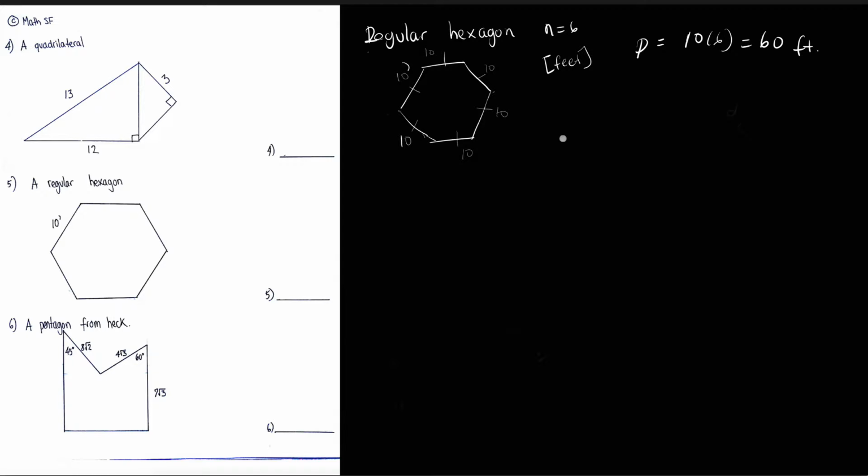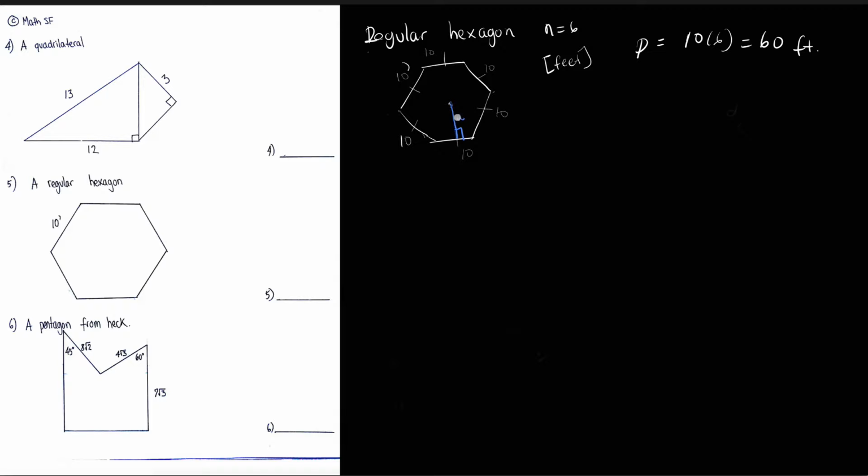Now, how am I going to find the area? Well, the area is going to be a little bit harder, because whenever you have a regular polygon, you want to find the apothem, which is the distance from the center to one side, and it's going to be perpendicular, at 90 degrees here.